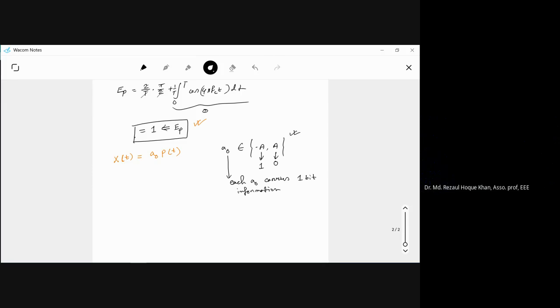Now here we say each a0 carries 1 bit of information, either 1 or 0, which has this energy per bit. So Eb is the energy per bit.